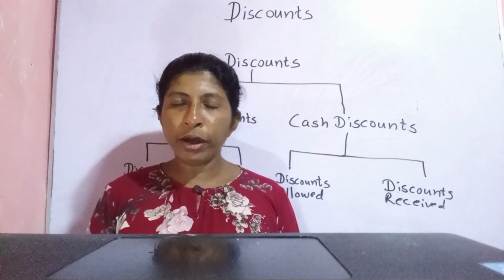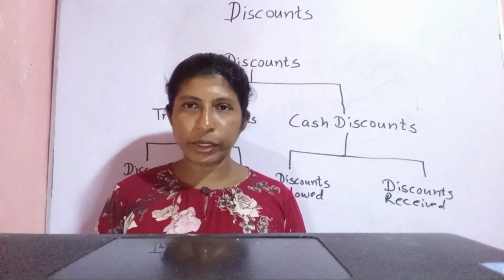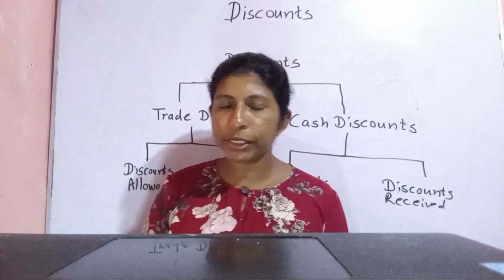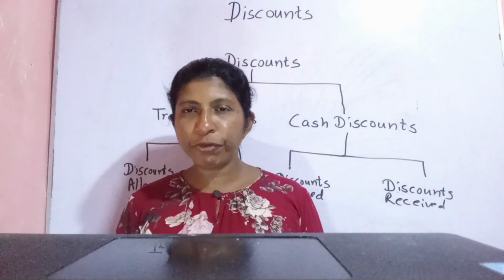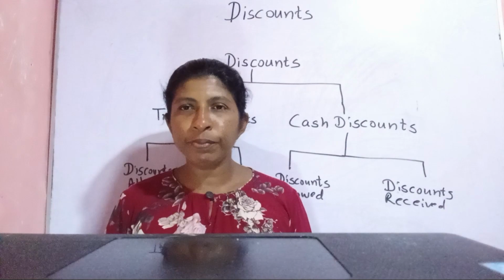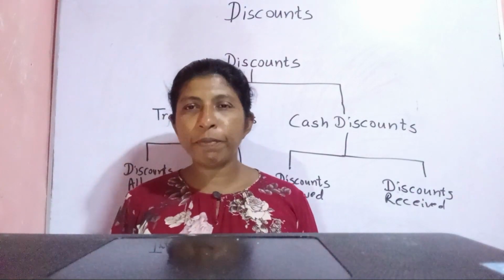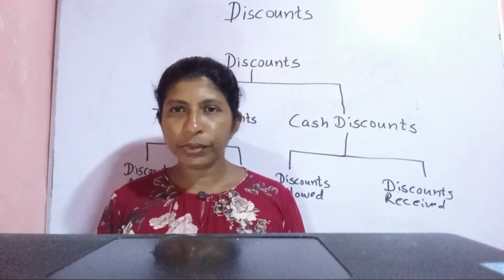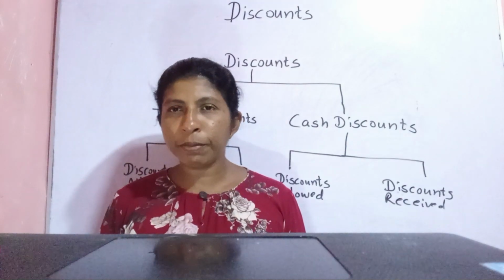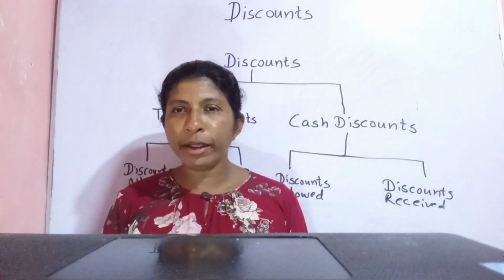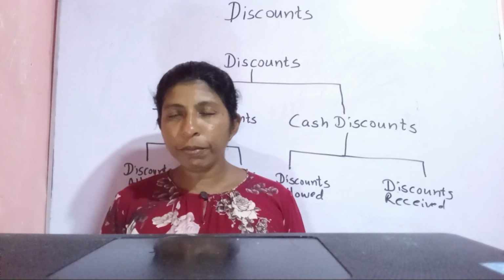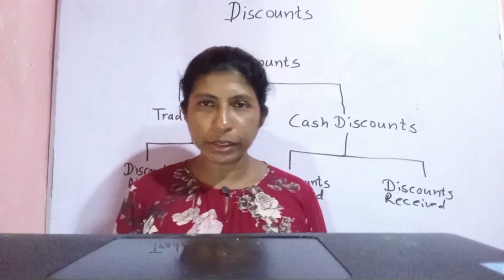He owes rupees 20,000 as he purchased goods last month for the value of 20,000. We have given a credit period of 1 month. If he makes a settlement earlier, we can give him a discount of 10%.